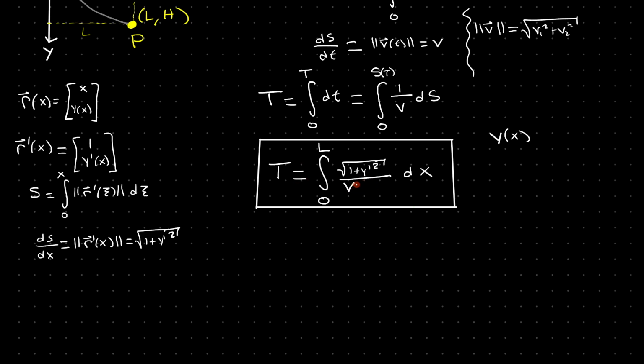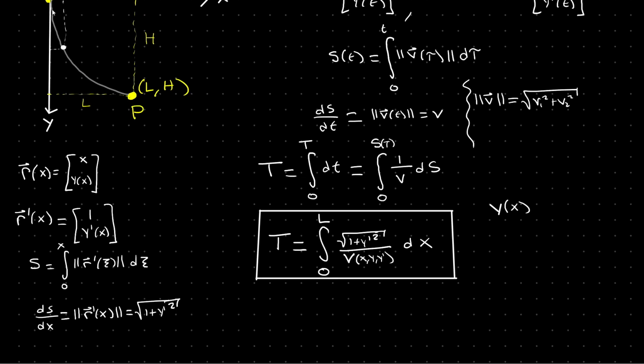Now v in general can be very complicated. It can be a function of x, y, and even y prime in general, because it's the velocity of the traversal, and depending on what forces are active on this falling object, that tangential velocity, remember what v is, it's the derivative of arc length with respect to time.